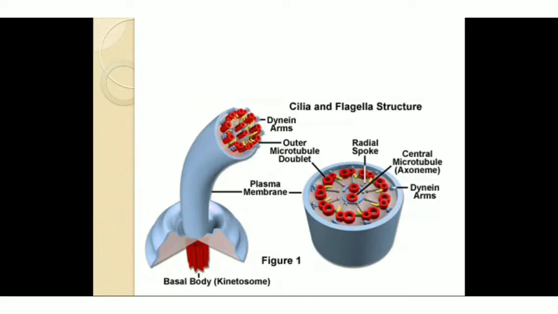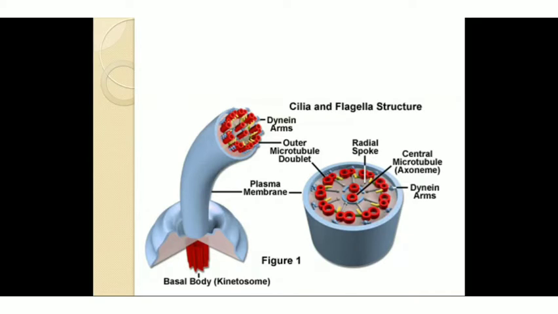In peripheral fibrils, you can see each fibril is made up of two different tubules, or subfibrils. Both of them are not equal in size. They are different in size. One is bigger and one is smaller.